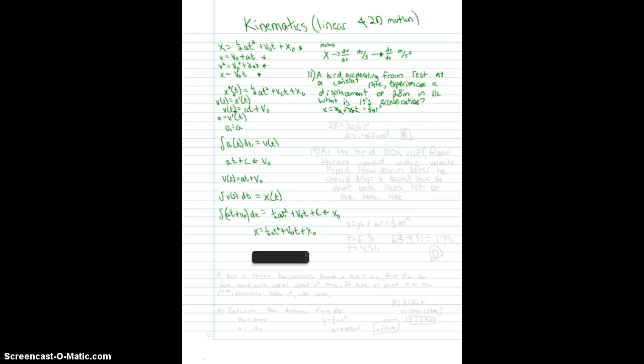So is the initial position. So we get 28 equals 1/2 a 11 squared, which gives us a equals 0.462 meters per second squared, which happens to be choice B.